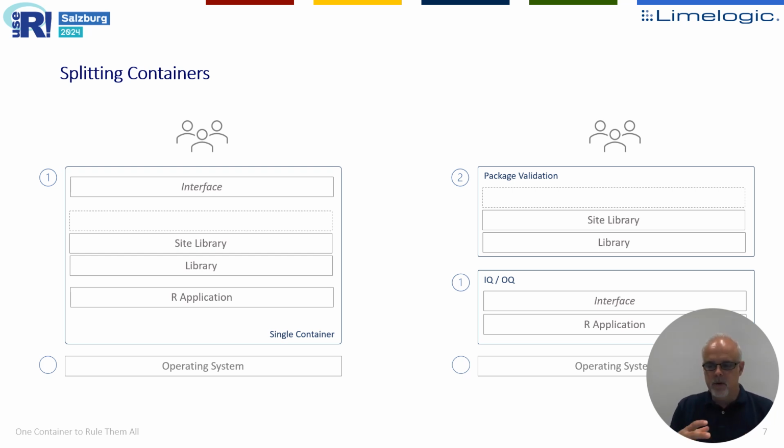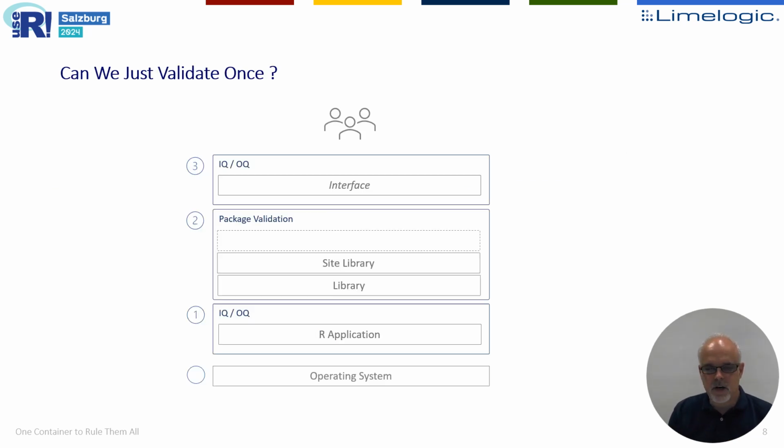Now, if we have multiple interfaces and we need the same packages across those interfaces, that still means that we have to validate everything multiple times. So it would be really nice if we could validate the packages once and use them everywhere. Now, there is an approach that we can use, and it is based on the fact that nothing dictates that we have to do all the IQ/OQ based processes at the same time.